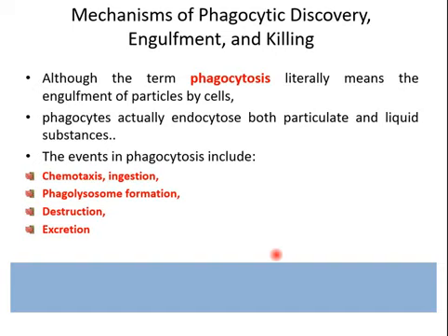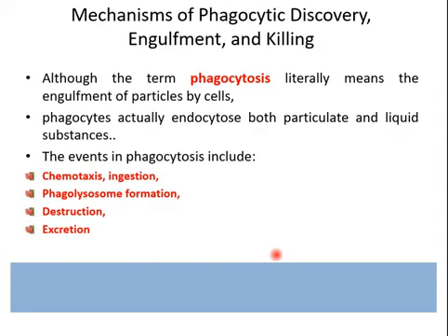What's the mechanism of phagocytic discovery, engulfment, and killing? We call it phagocytosis. As you know, phagocytosis means engulfment of particles by cells through endocytosis.